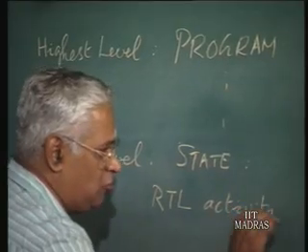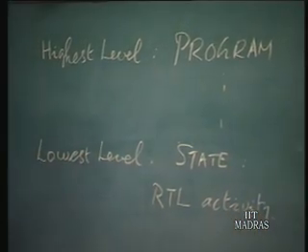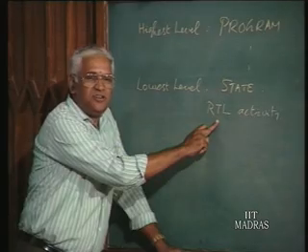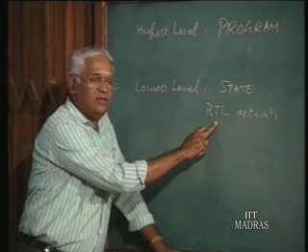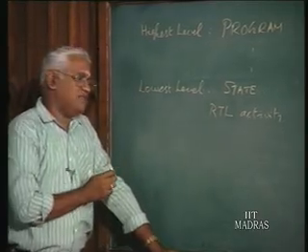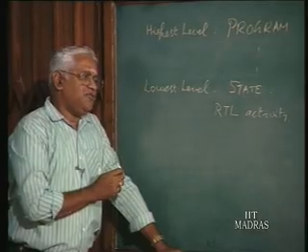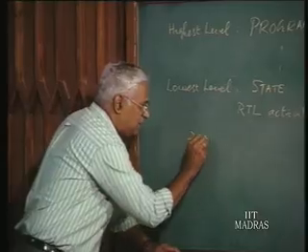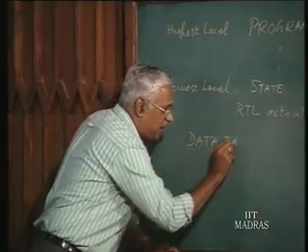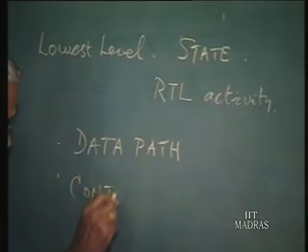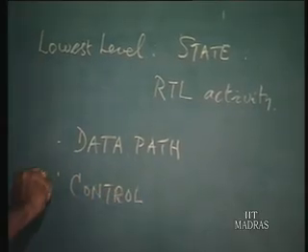So, while discussing this RTL activity, we saw that the sequence in which the register transfer actions must take place will be decided by the controller or the control signals, and the activity itself we saw consists of moving the data around some specified paths and controlling this. So, I gave you some idea about these control aspects in the previous lecture.